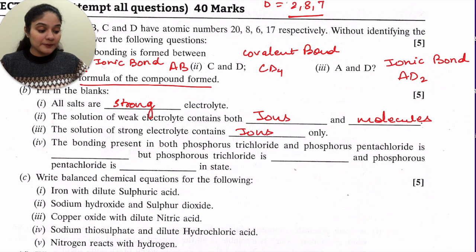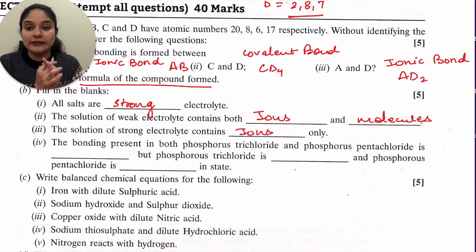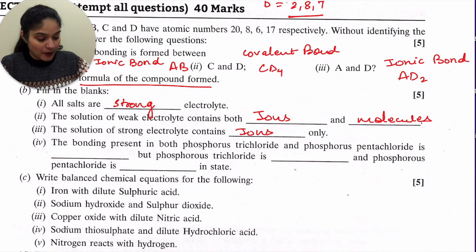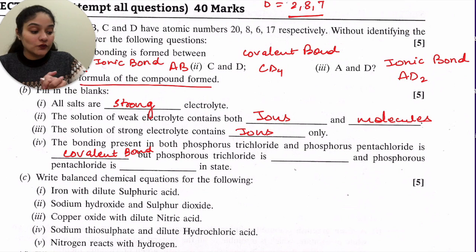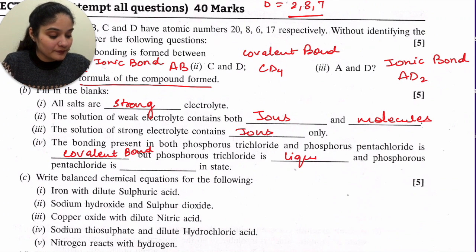The bonding present in both phosphorus trichloride and phosphorus pentachloride is dash. So you have covalent bonding in these compounds. But phosphorus trichloride is liquid and phosphorus pentachloride is solid in state.